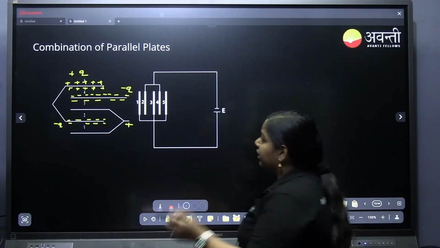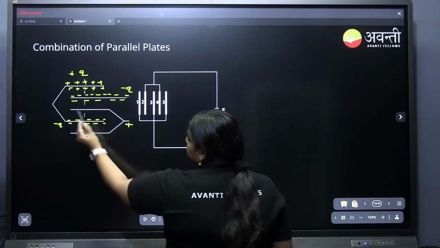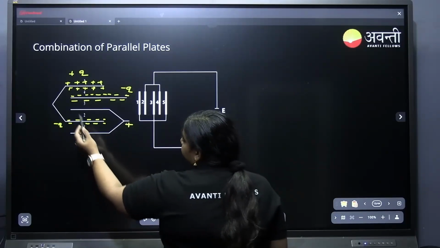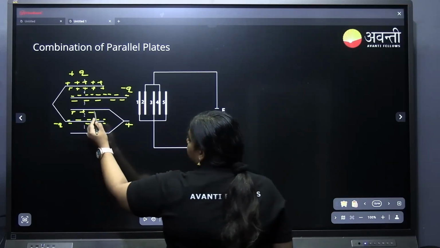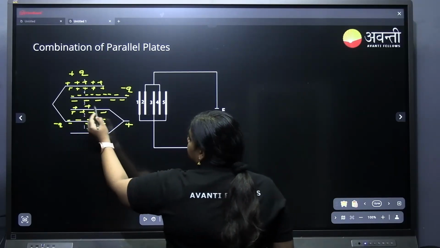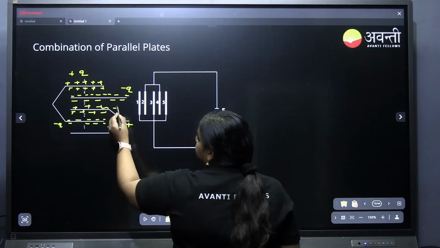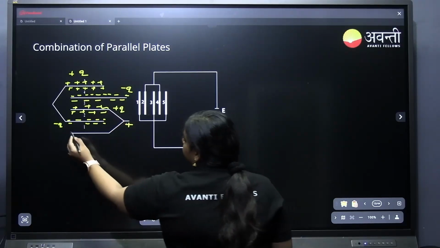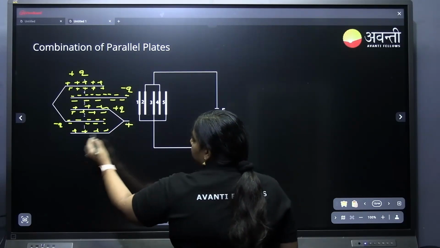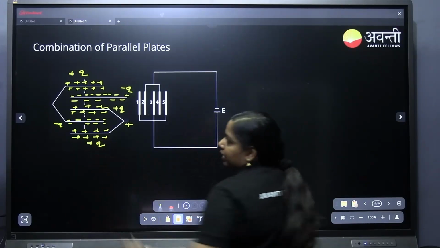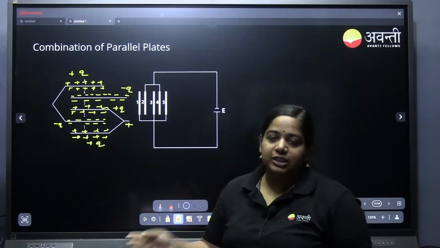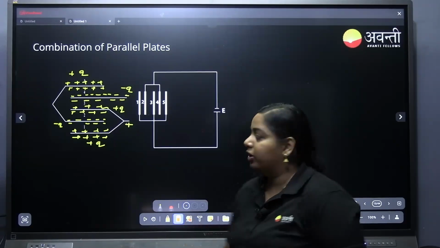Now you can see these two have the same positive charges. Since the other ones have minus q, this will have plus q, here also plus q. All will have the same charges but we have to take different signs.